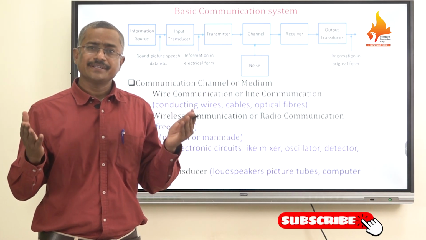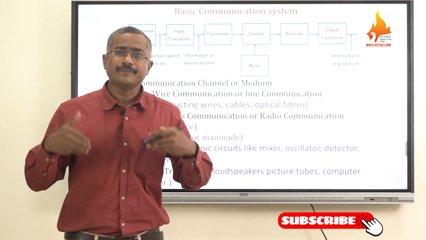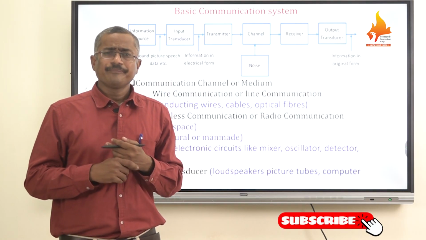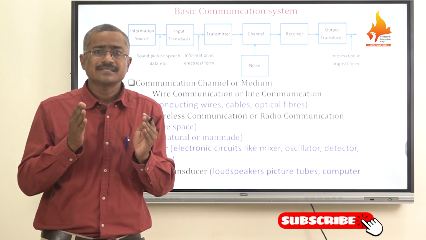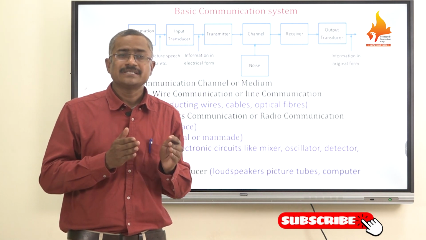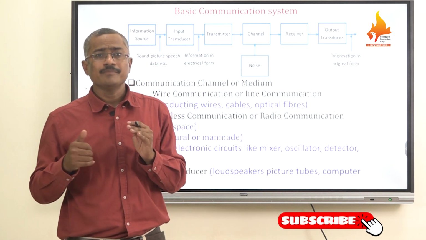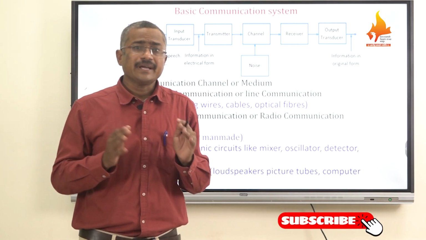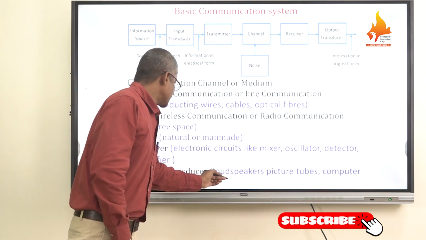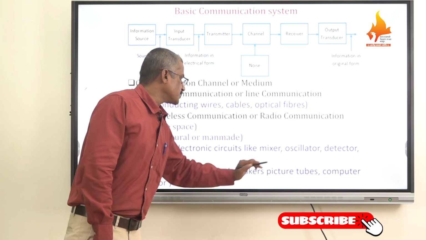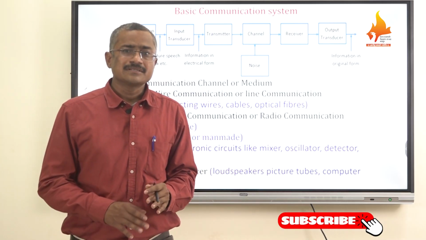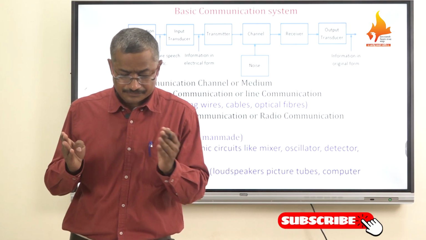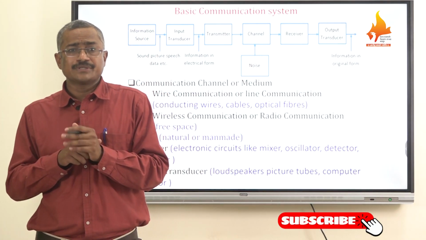If we have communicated a TV picture, it can be converted back into the TV picture. Typical examples of output transducers are the loudspeaker, picture tubes, computer monitor, etc.